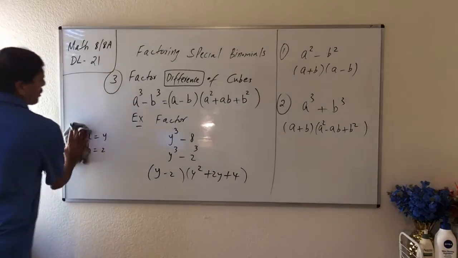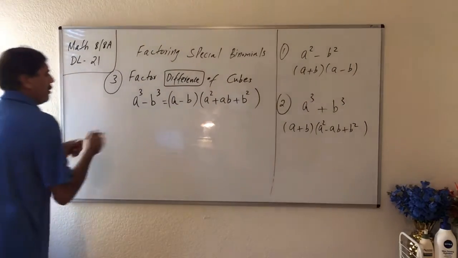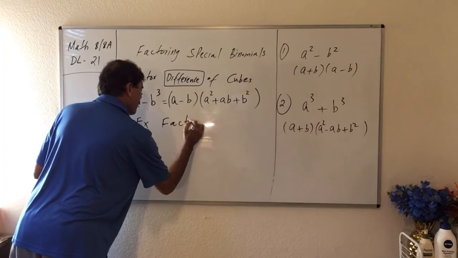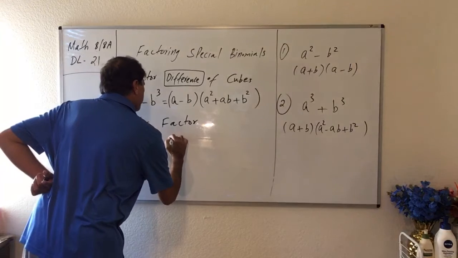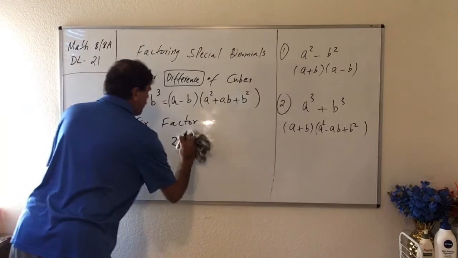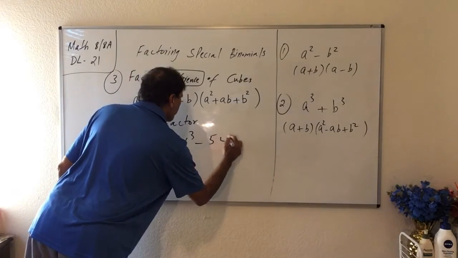Let me show you a couple more examples. For example, we have to factor 2x cubed minus 54.